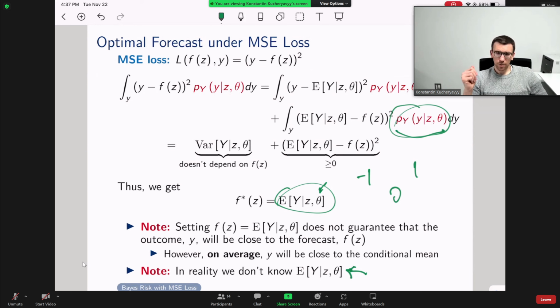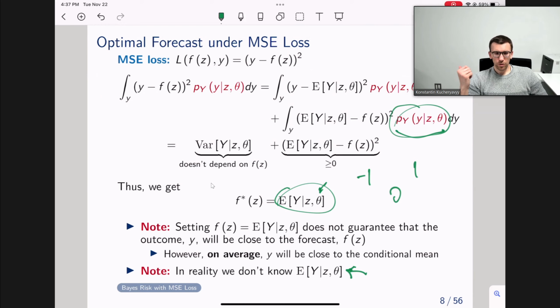Because ultimately you're asked to predict -1 or 1. I just gave this as a trivial example, but it has a broader implication.